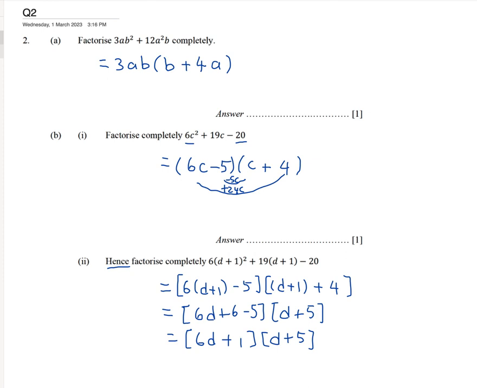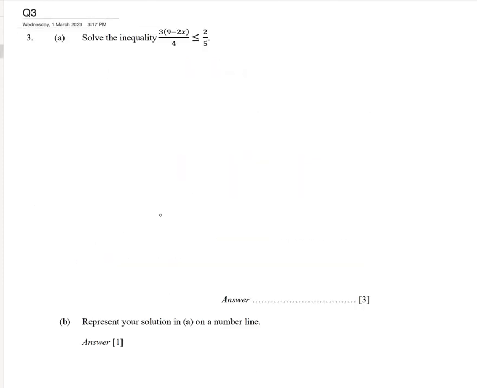We now move on to the next sum. Here we have an inequality. An inequality works the same way as an equation. So for this equation with a single fraction on each side, we need to cross multiply.